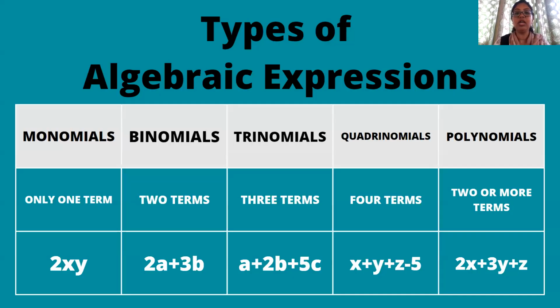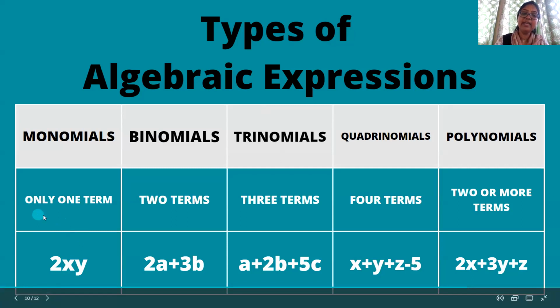Now we'll quickly talk about the types of algebraic expressions. You remember that when two factors are connected with multiplication or division, they are not termed as separate terms, but they are one term. Whereas when the terms are segregated by either plus or minus, then they are named as separate terms. So in case we have 2xy, it is actually one term, 2 into x into y.